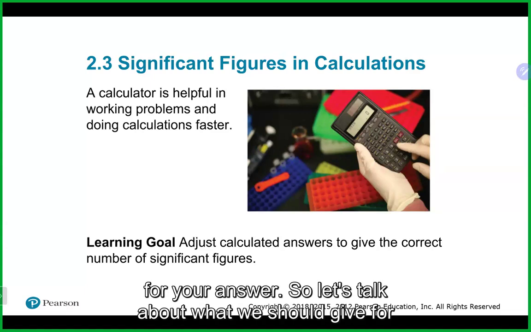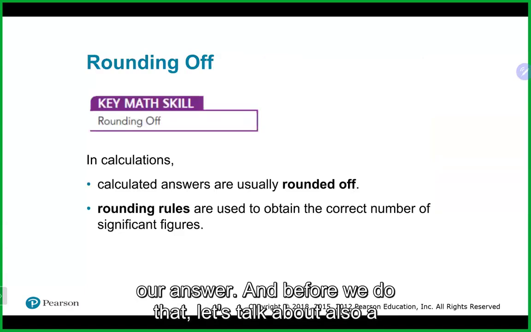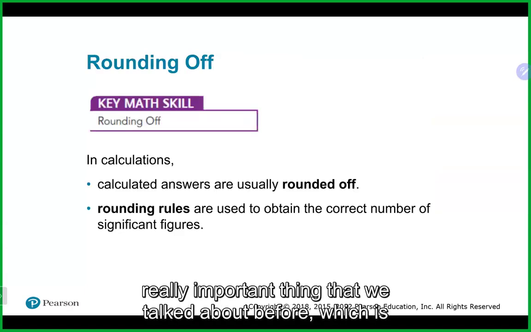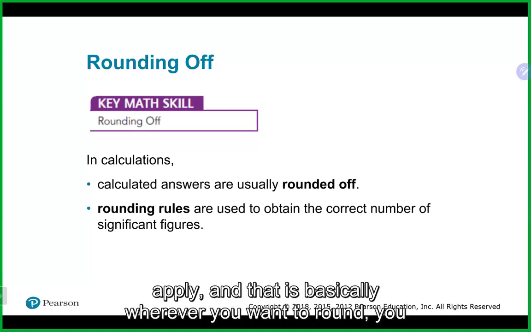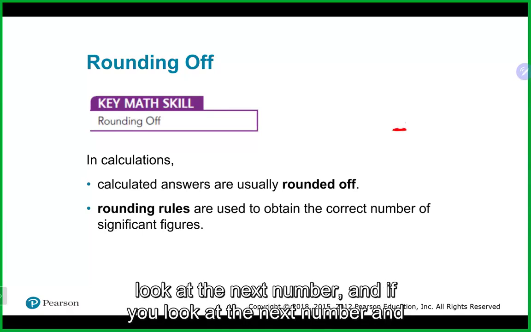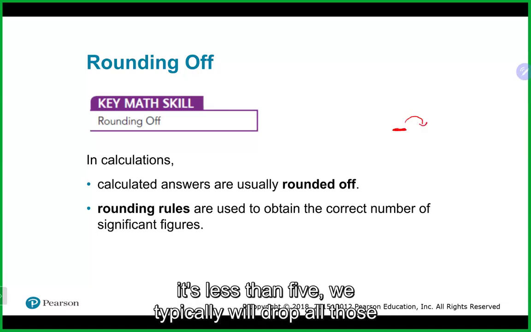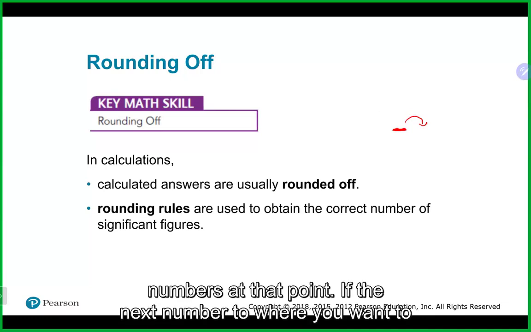So let's talk about what we should give for our answer. Before we do that, let's talk about a really important thing we talked about before, which is rounding. When we round, normal rounding rules apply. Wherever you want to round, you look at the next number. If it's less than 5, we typically drop all those numbers at that point.